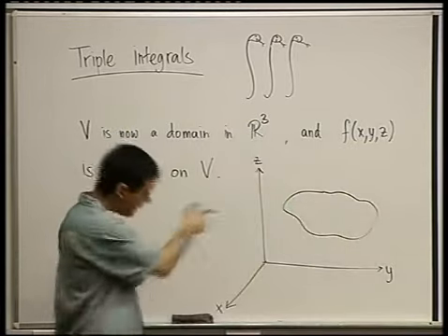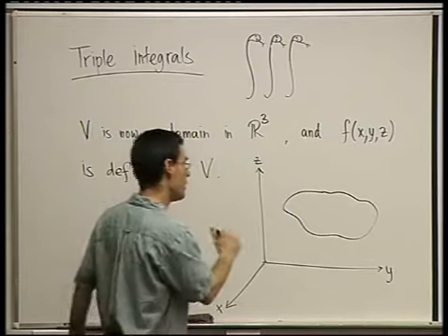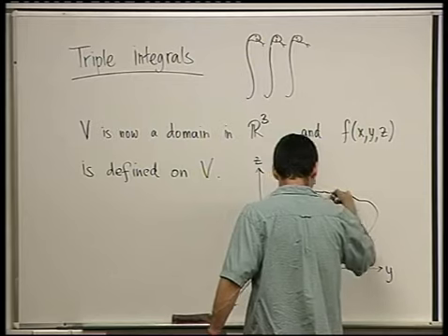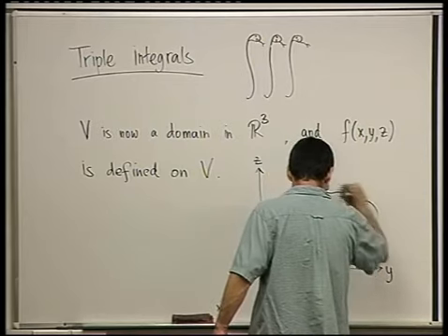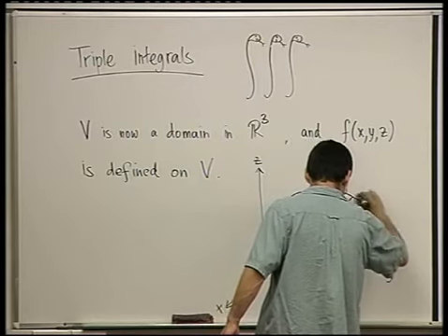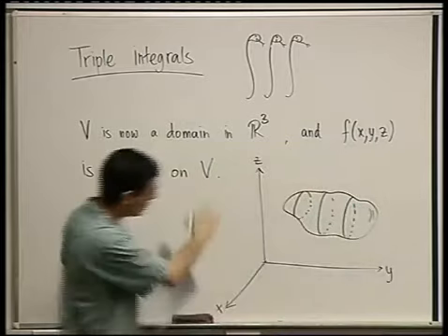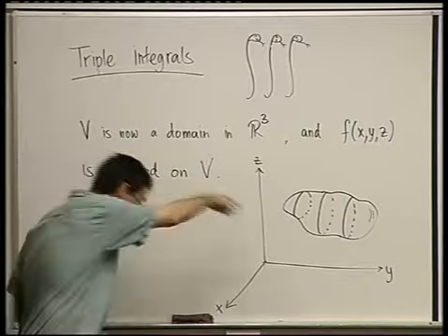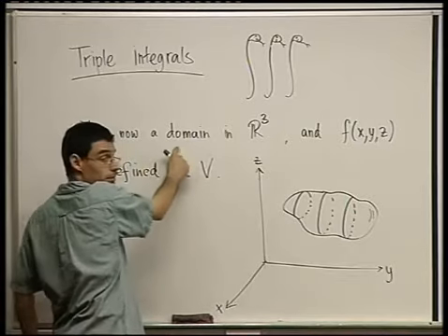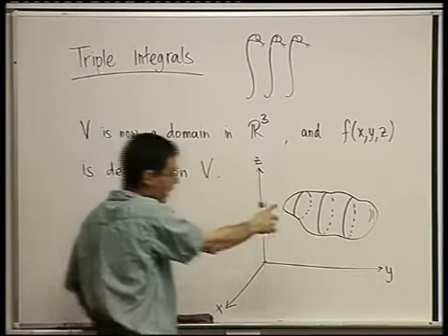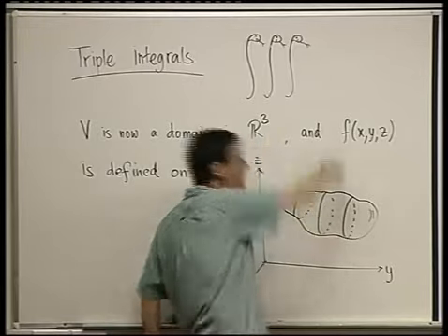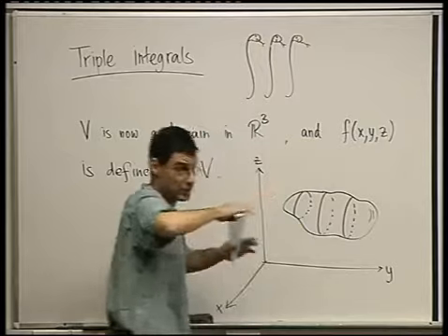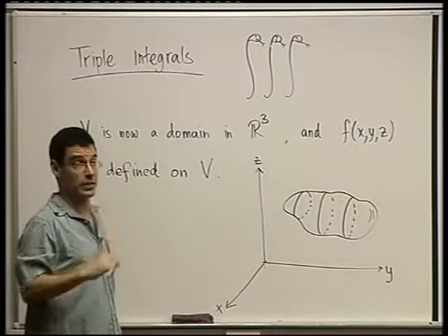And to indicate that this is a potato rather than a flat surface, I'm going to add some perspective here. Okay, so can you imagine now a 3-dimensional object? This is the domain of the function. Okay, the function itself, on every point x, y, z, the function has a value. And again, I'm doing this not because it's up there, because it's in some fourth dimension, on some fourth axis.